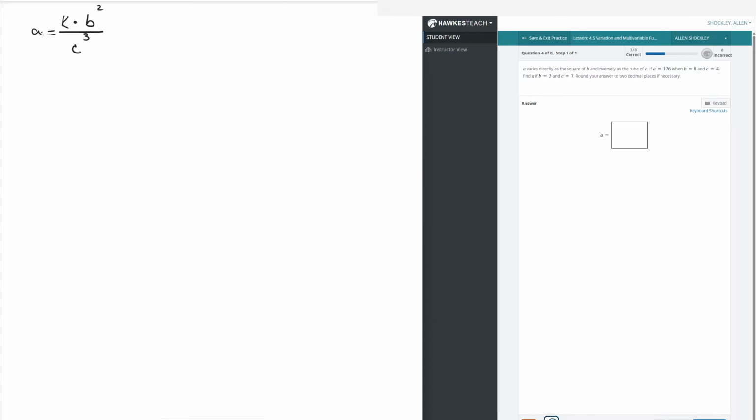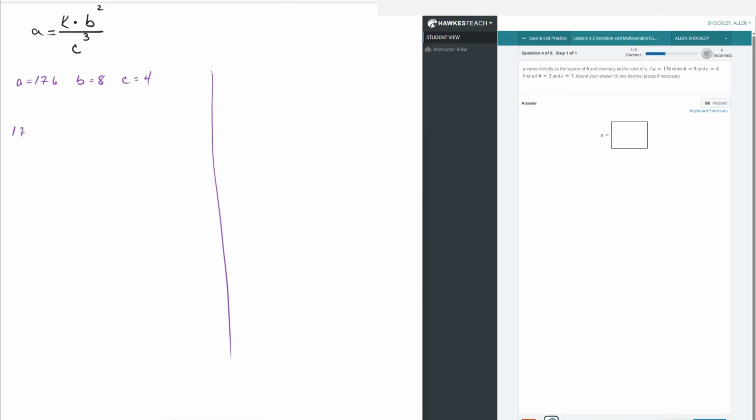Now you're going to plug in everything that you know, which for this first time through tells us that A equals 176 when B is 8 and C is 4.